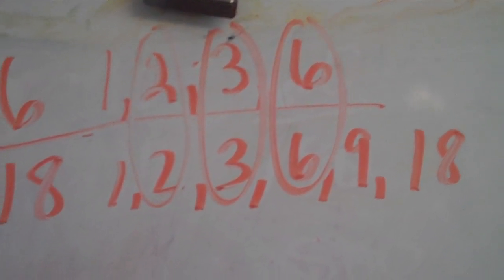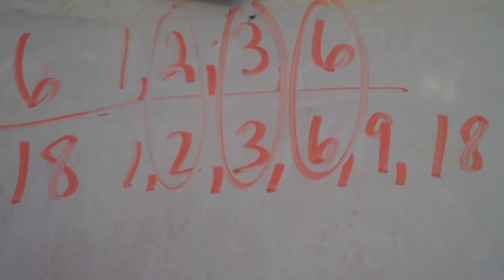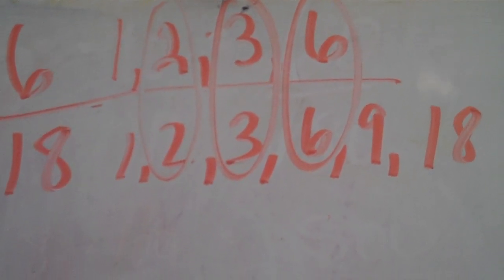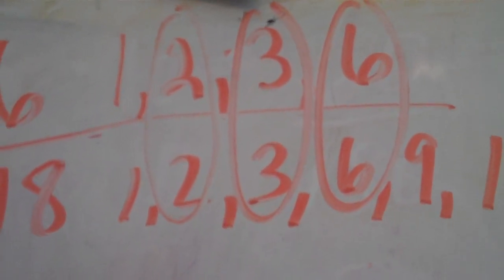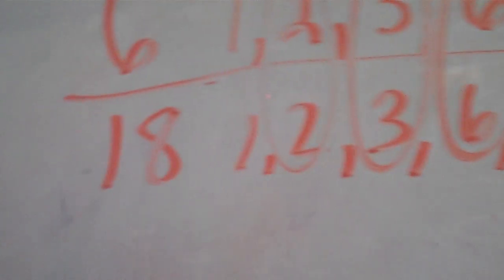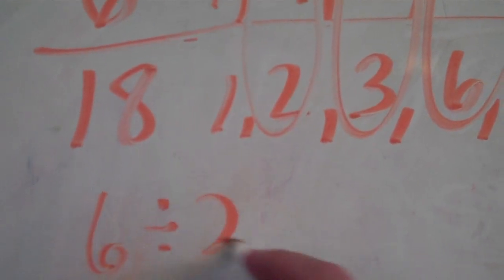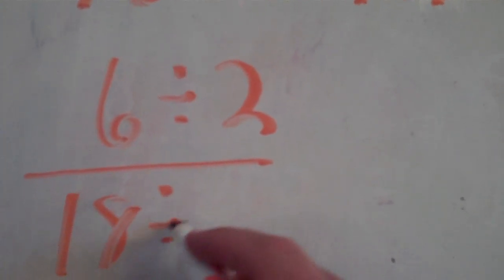So you can choose any of those to divide by to create an equivalent fraction using division. In order to use division to find an equivalent fraction, you must divide by a common factor. So I'm going to pick 2. I do 6 divided by 2, then 18 divided by 2.